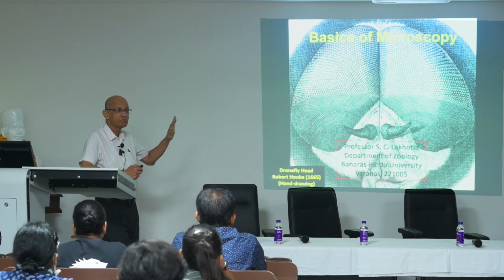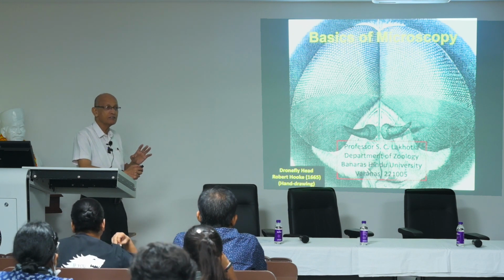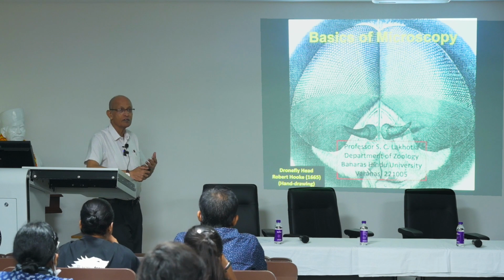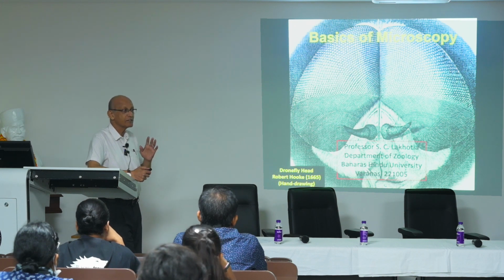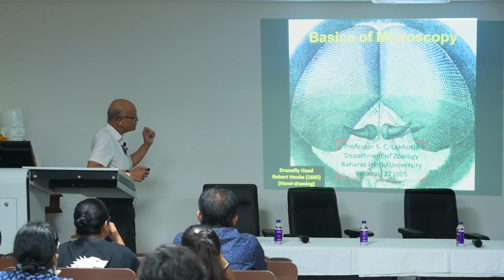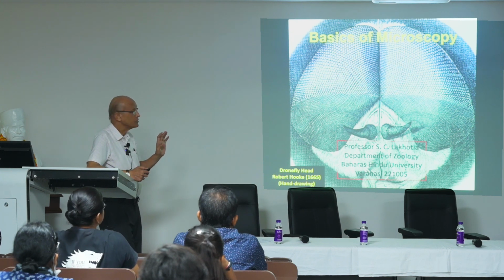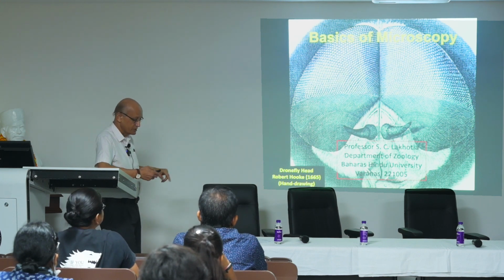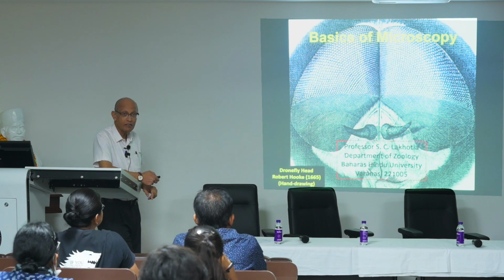Photographs cannot match the hand drawing, and I will emphasize again and again that in the process of automation and modern high-end techniques, we are often losing some part of our brain, the activity that we can otherwise do. Just see the beauty of the whole drawing. This is the eye of an insect, the compound eye, and each of these rounded circles is an individual eye that makes up the compound eye.